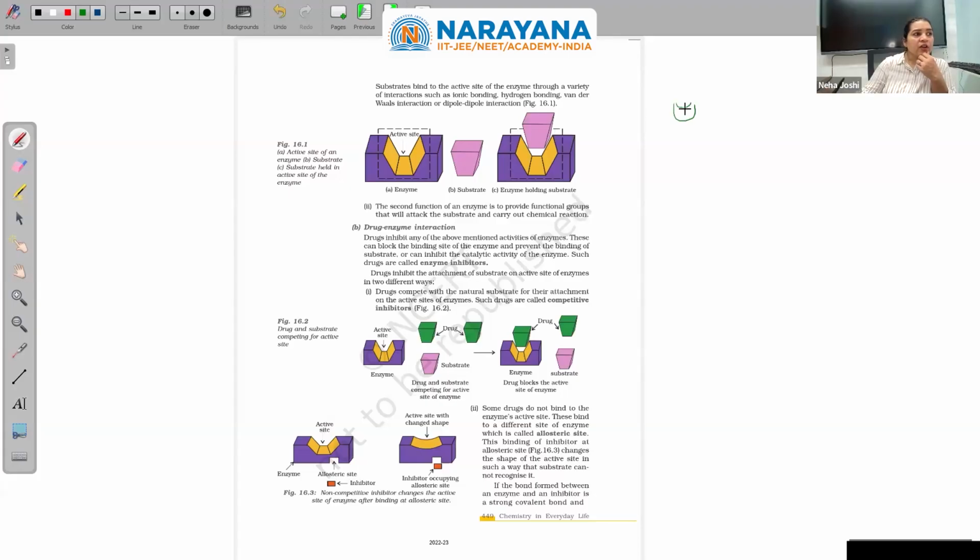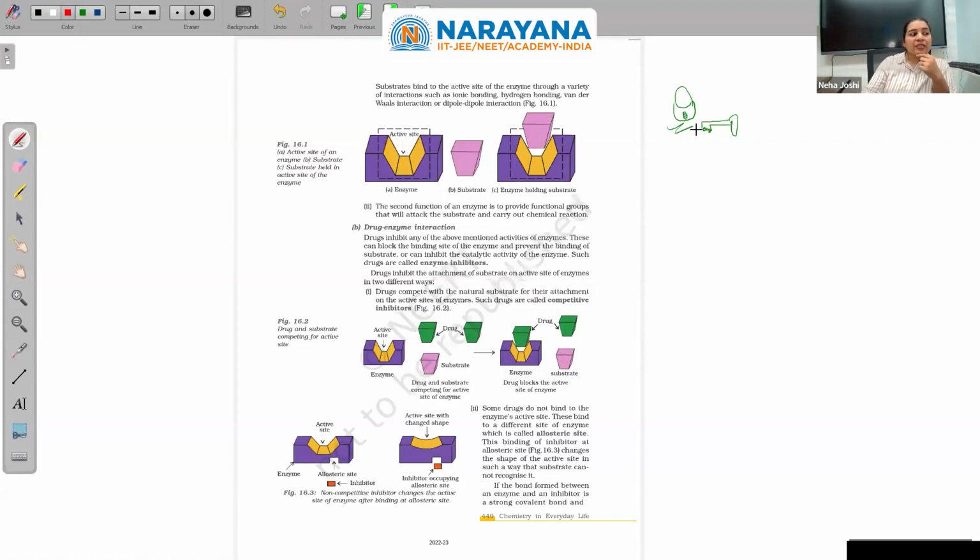Okay, if we have a lock and we want to use some sort of key to open it, then there will be certain grooves here. Even if you put a mirror image of this key, it will not open this lock, right?